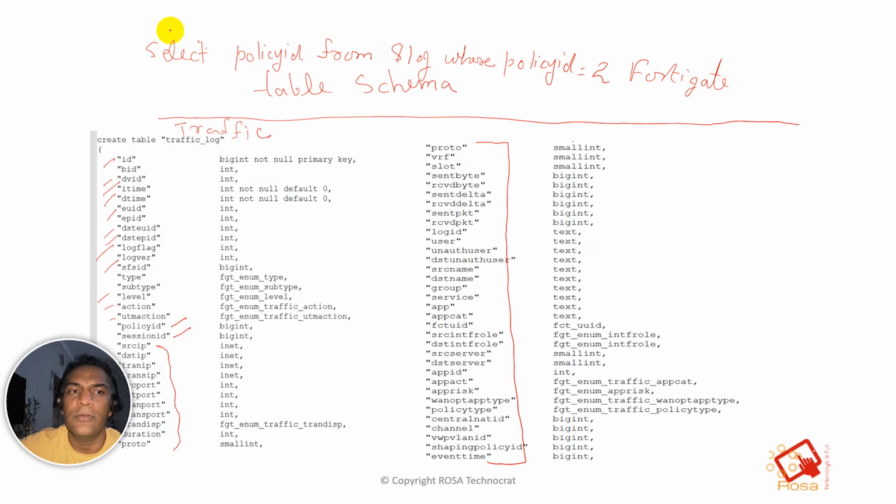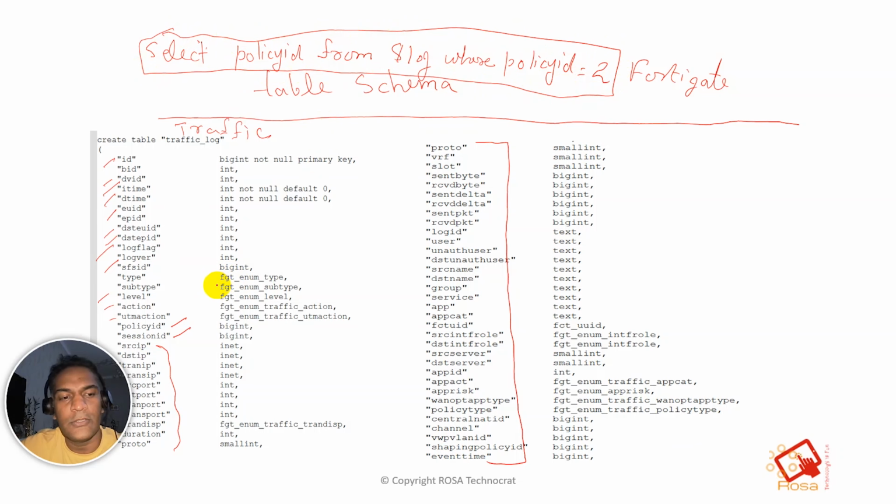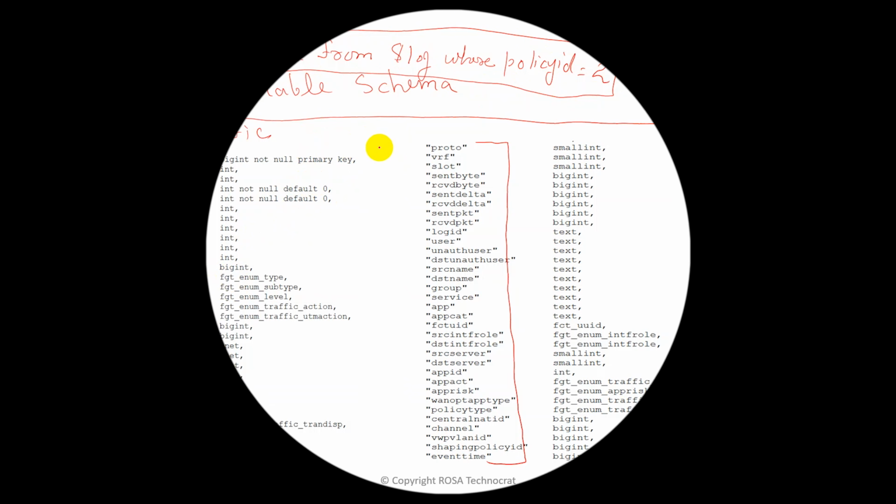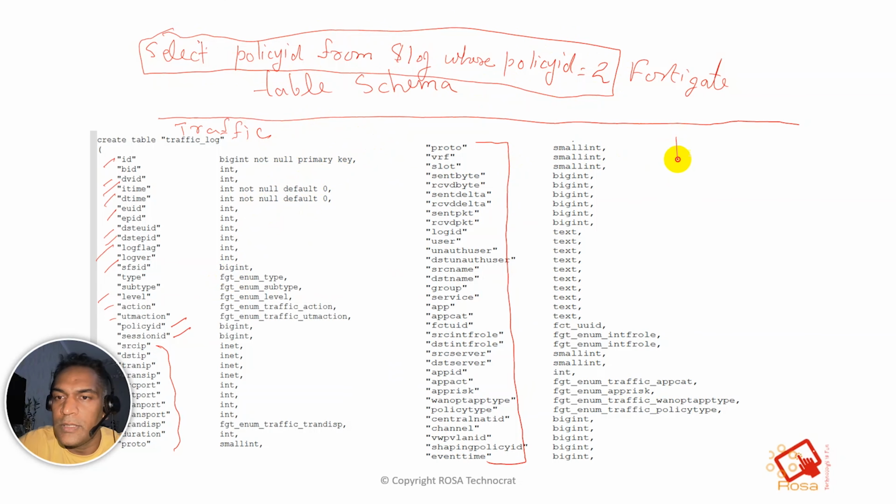So this will be your SQL query to get all the logs, or to get all the data for policy ID 2, right? So if you have the basics of SQL, then you will be able to easily understand what I mean. So now we know the table structure.